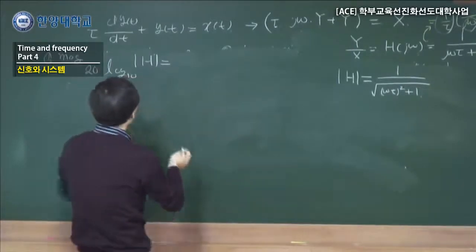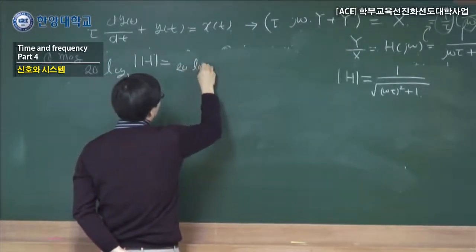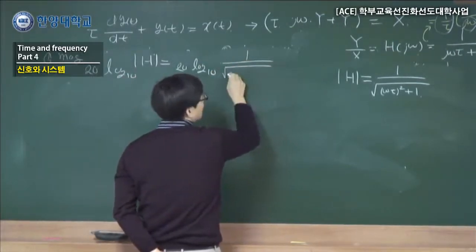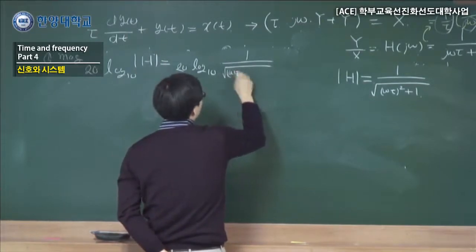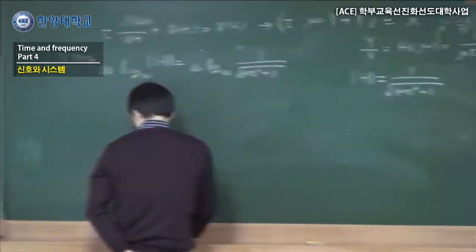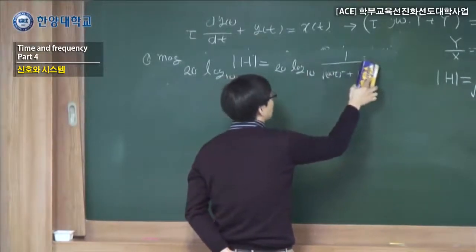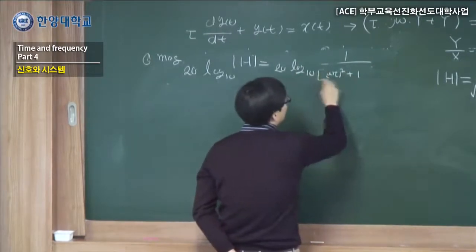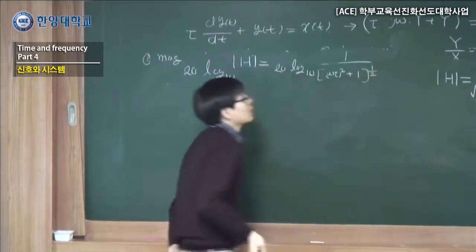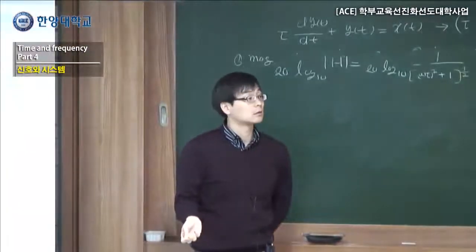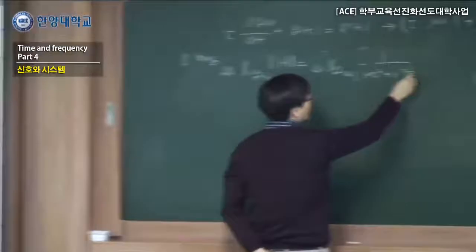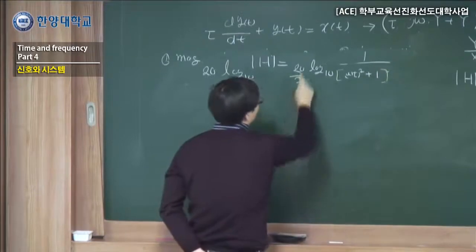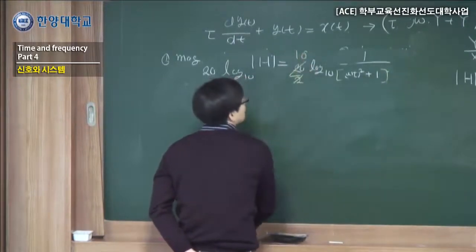And then we put it here, 20 log 10, 1 divided by root omega tau squared plus 1. Remember, this log is actually half in power, and we can take that out. So then we can calculate. It will look like this.